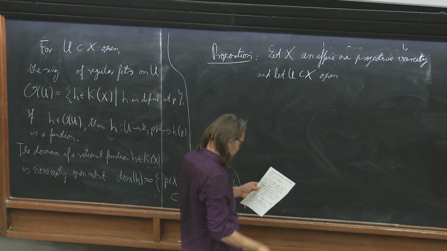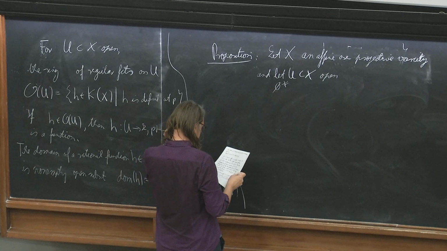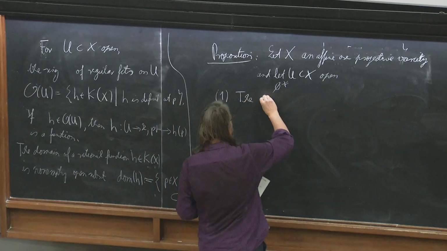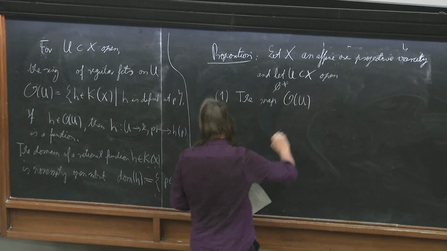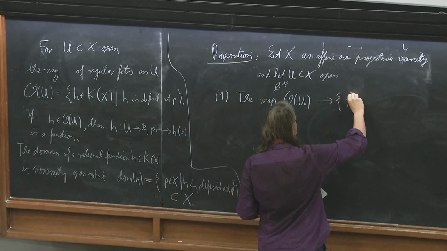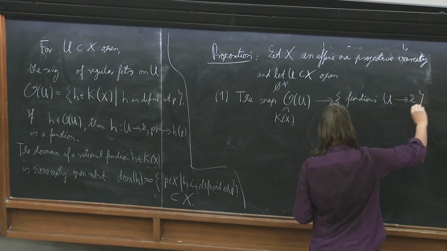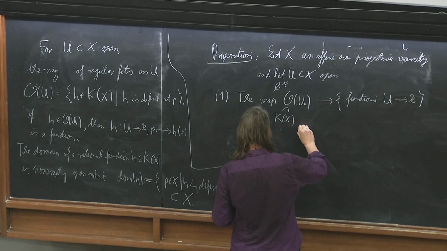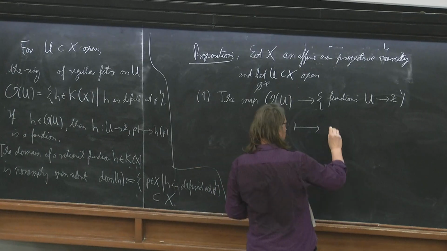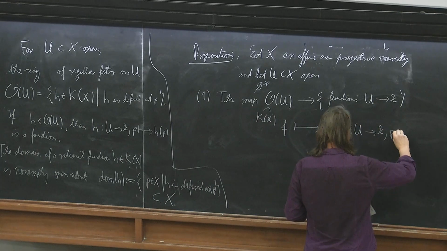First, we define the map from O(U) inside K(X) to functions from U to K, which sends an element f, which I just denoted for now as f restricted to U, to the function from U to K which sends a point P to f(P).